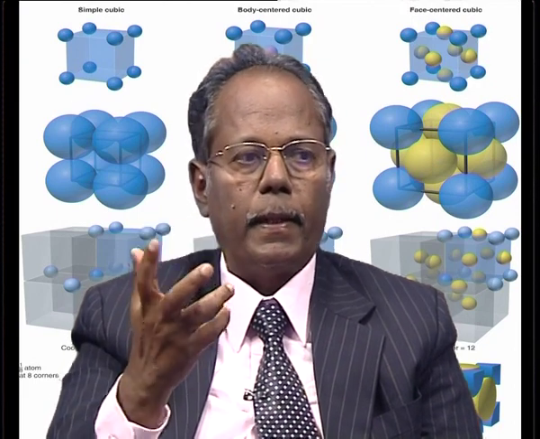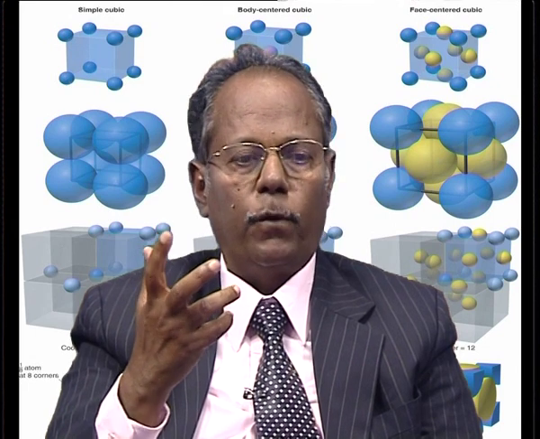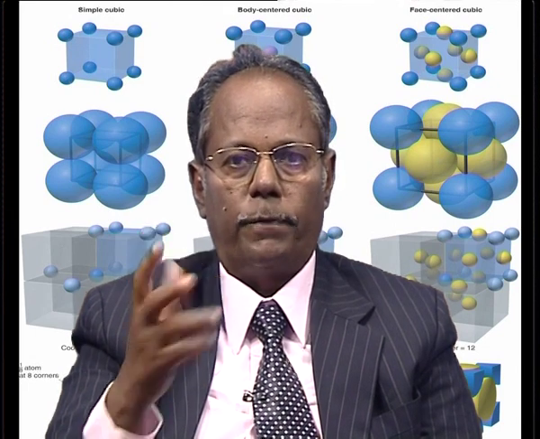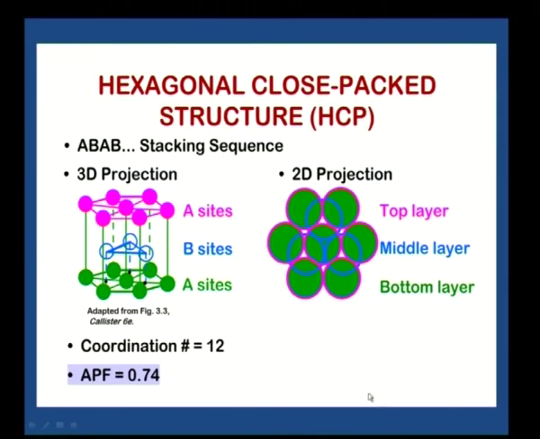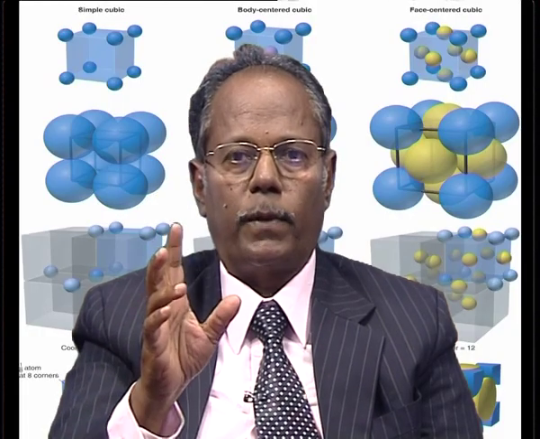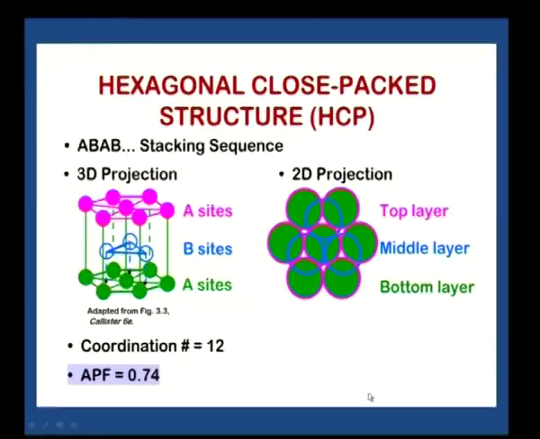The packing density, that is the atomic packing fraction, is 74% for FCC, and this slide shows the packing density for the HCP structure is again 74%, exactly identical to that of the FCC lattice. This is again a very significant observation.